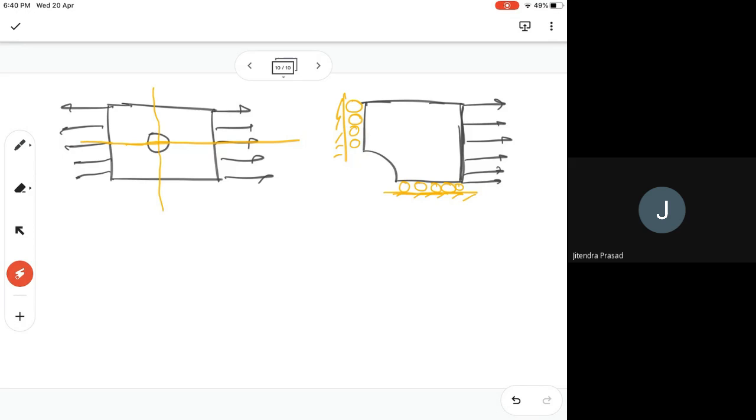Hence, you have to have finer elements on this side, and as you go here, they can be bigger. Yeah, so meshing is one of the things that you have to be careful about.